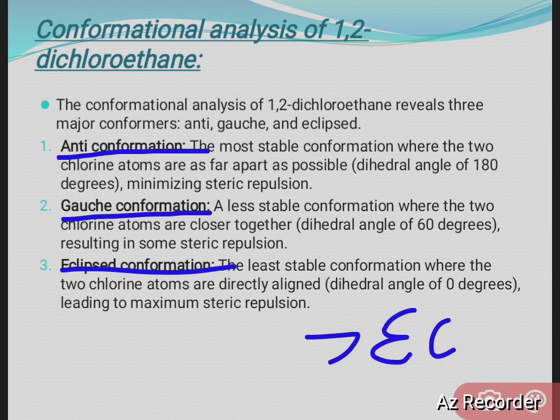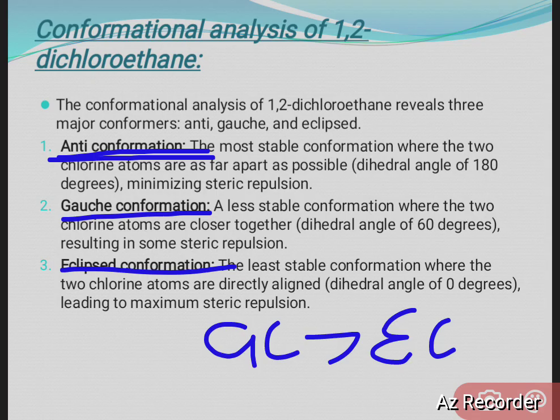Here in case of gauche, what happens? The 2 identical groups are present on adjacent positions, right? So here there is still more electron repulsion. Hence this gauche conformation is next. After that, anti-conformation means here the identical groups are exactly on opposite sides.